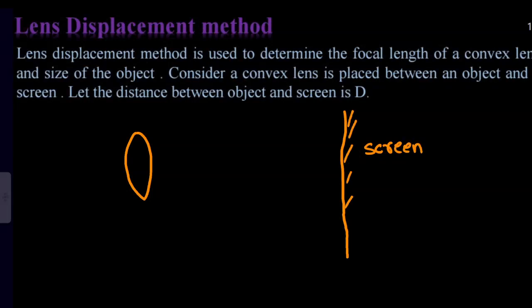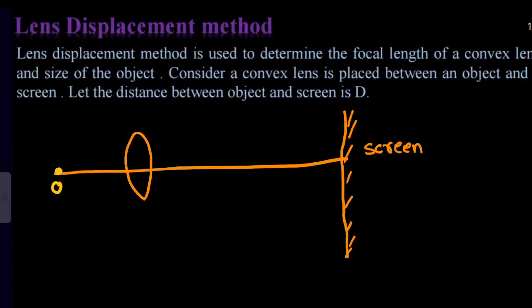And here, see the principal axis at this location. Let us say some object is located here.